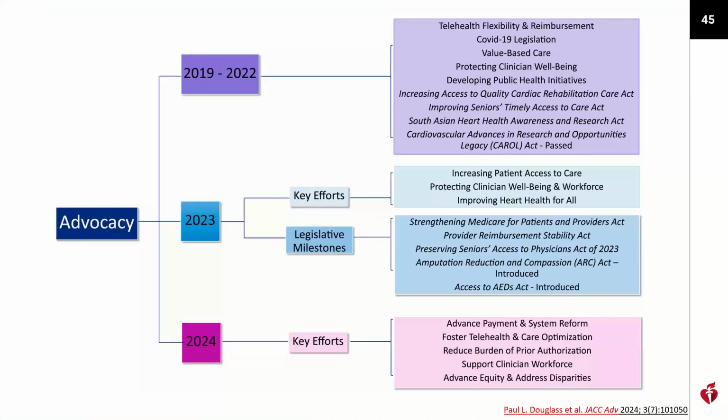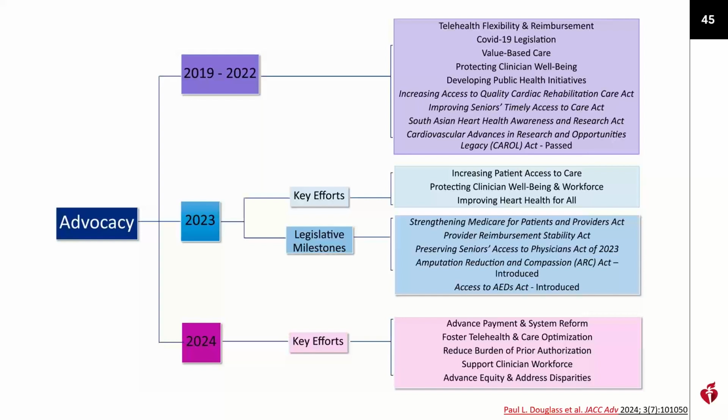And this is a report that we published last year in JACC Advances, talking about the role of advocacy and the importance of this, that we know that we have to continue to petition our regulators and our legislators about creating policy that allows us to better care for our heart failure community.